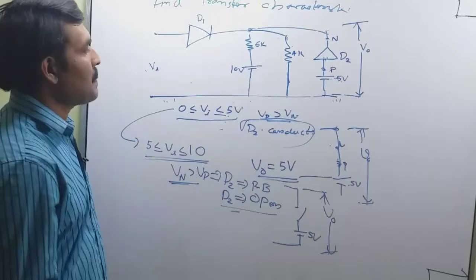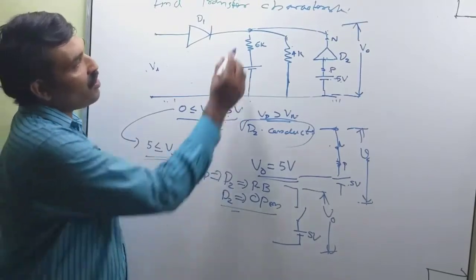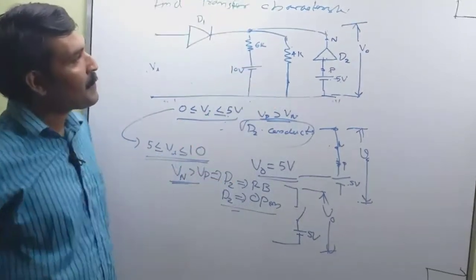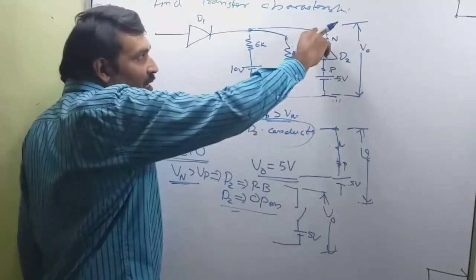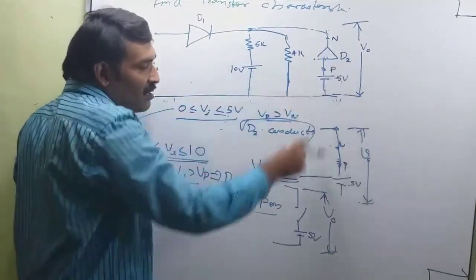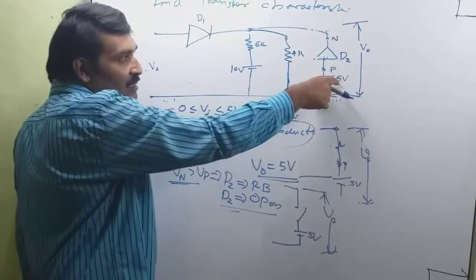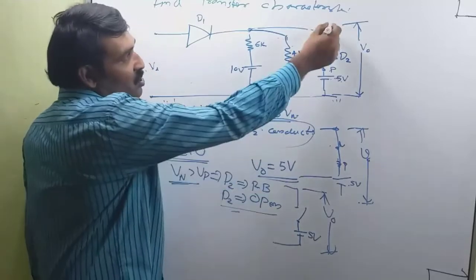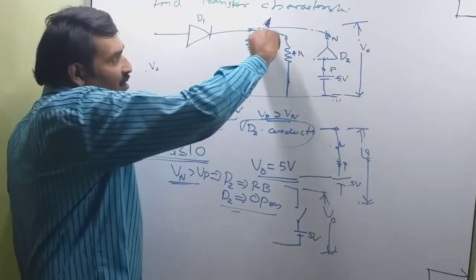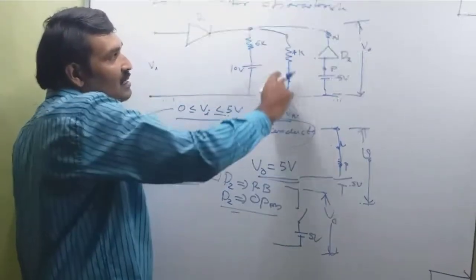Now what is the voltage across this? These 3 elements are in parallel. So no current will pass through this branch. This is the reverse bias condition, so the diode is open. The voltage across this is the same as the voltage across this element.